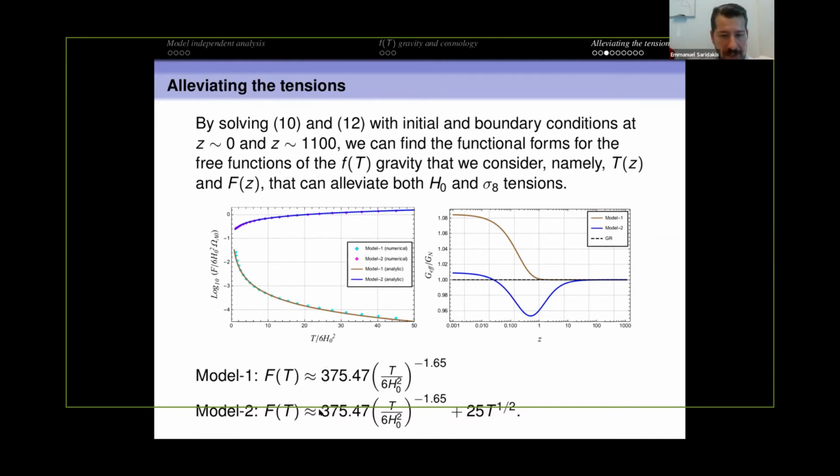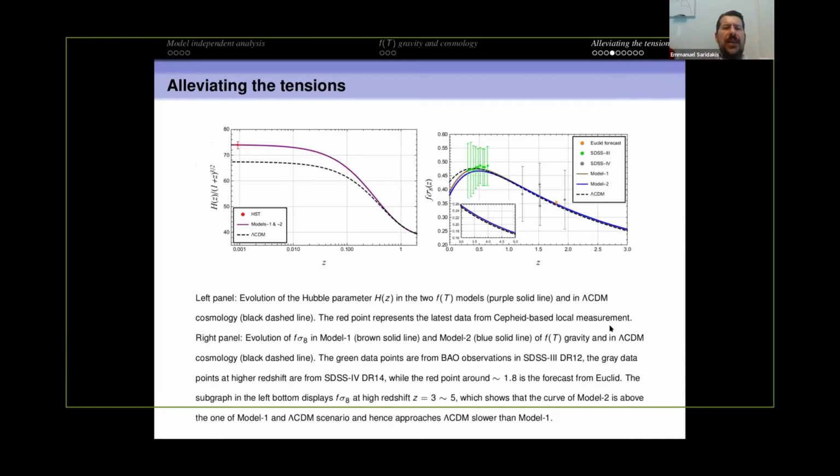So these models that are numerically reconstructed can solve both tensions. And here you can see this is f(T), so this is the exact function. And here is the behavior of the Newton's constant. So here is the result. If you take these models, we can solve both tensions, at least alleviate both tensions at the same time.